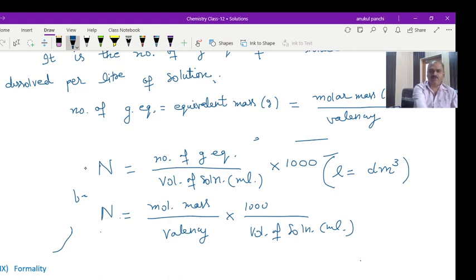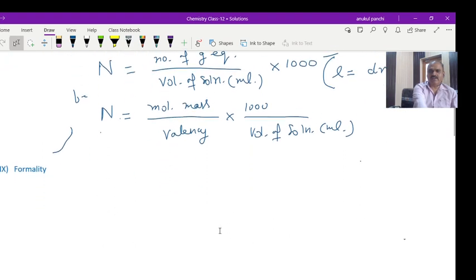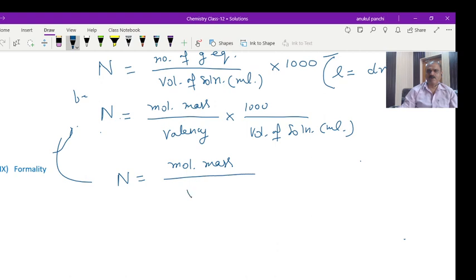Now if we see here carefully, molecular mass upon volume of solution into 1000, it becomes molarity. So we can replace molarity here. That is, normality becomes molecular mass upon valency into 1000 over volume of solution.